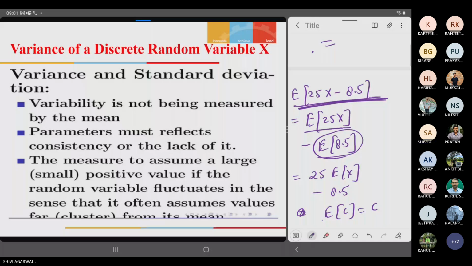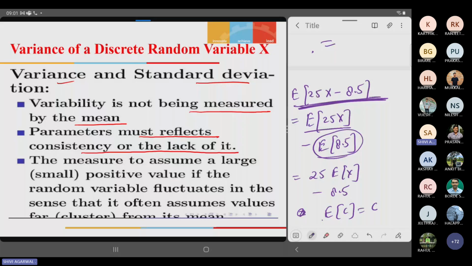Okay. So variance and standard deviation we are finding, it's not being measured by the mean. Variability: which parameters must reflect consistency or the lack of it. How consistent our data is, we can calculate it by the variance. If it is a less variance, then consistency is more.